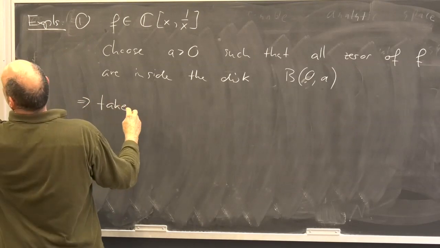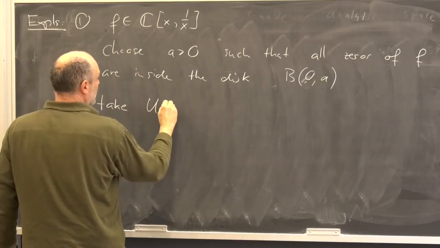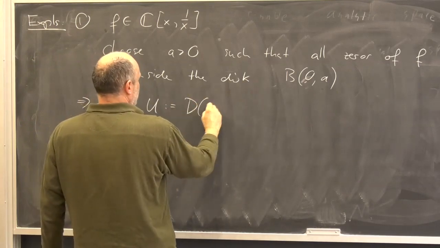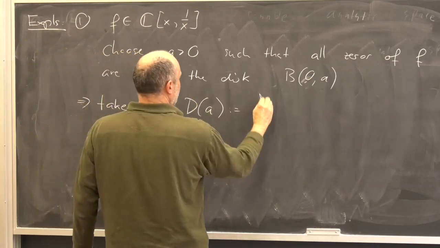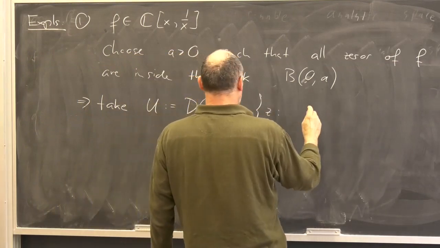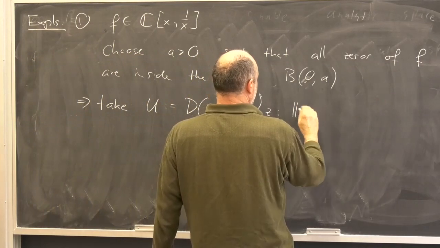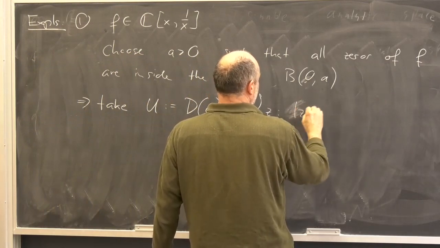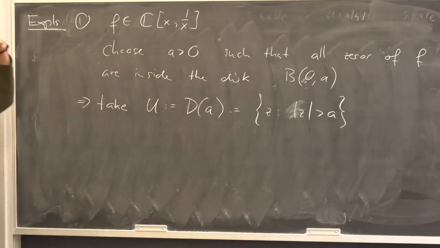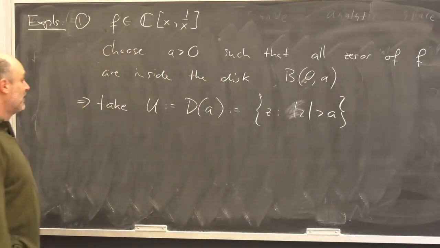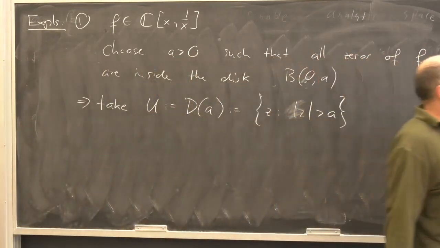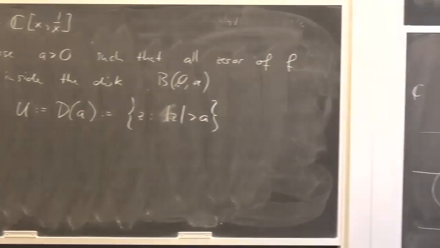In my proposition there, I will take U to be the complement of this. So set U to be the set of all z such that the modulus of z is greater than A, right? So it's an annulus in the complex plane. Its pre-image in the Riemann surface of the logarithm is just the right half plane, so it's simply connected.